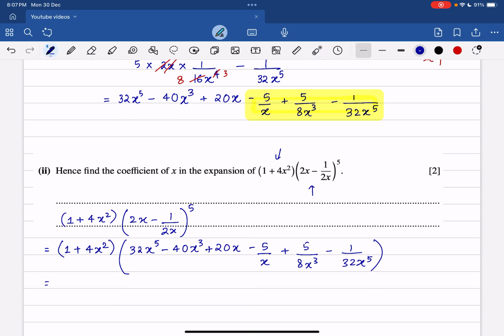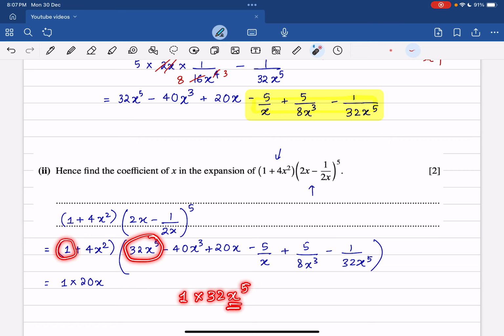So I am going to multiply this 1 and this 20x. That makes it 1 times 20x. Why am I not multiplying the 1 with anyone else? For example, 1 times 32x raised to 5. This term definitely has x, but the x has a power of 5, whereas what they have asked for is x raised to 1 only. So I'm not going to multiply the 1 with 32x raised to 5.